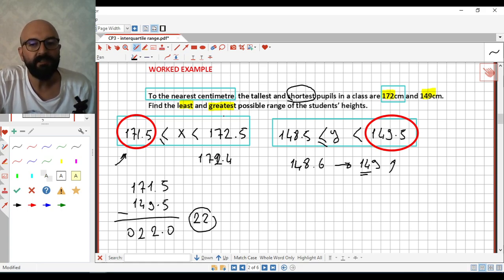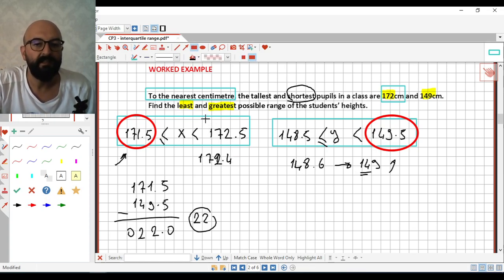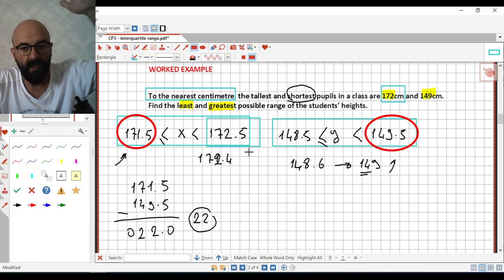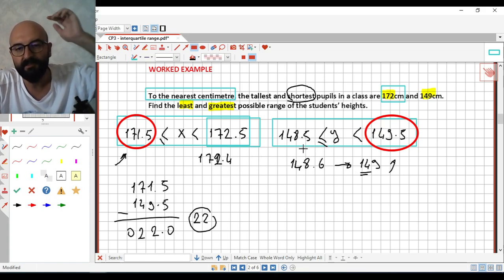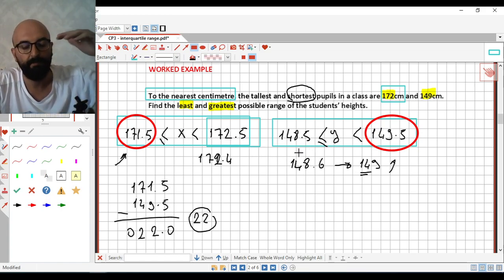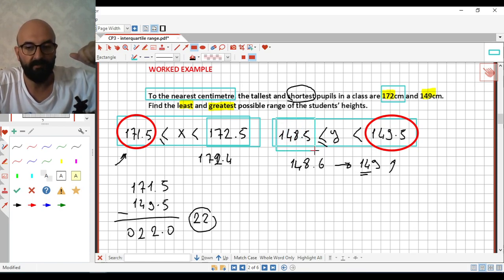And for the greatest possible range, we should take the upper boundary for the tallest, and for the shortest pupil, the lower boundary.